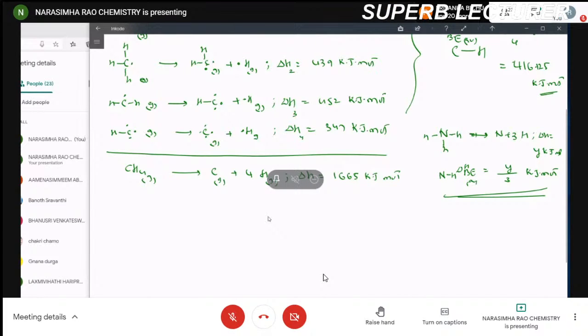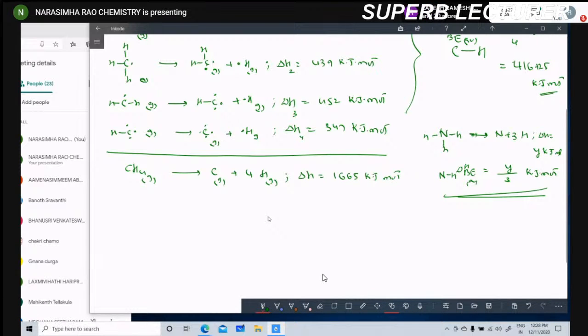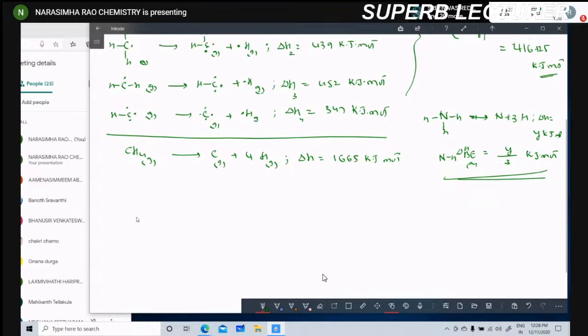So different species have different bond energy values; it depends upon their stability, the chemical atmosphere of the reacting species and the formed product. Finally, I am going to the applications of bond energy. Questions are frequently asked from this area in NEET.